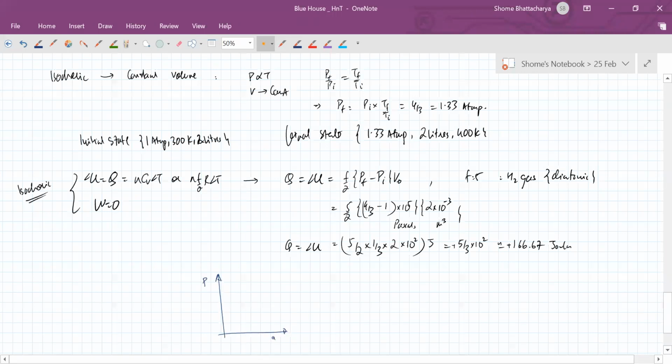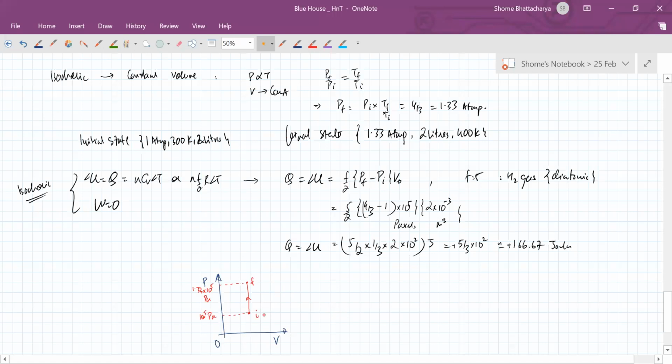So the PV graph, if we are drawing, will be like this, going from an initial state of a pressure of 10 raised power 5 pascals to a final state at a pressure of so much.